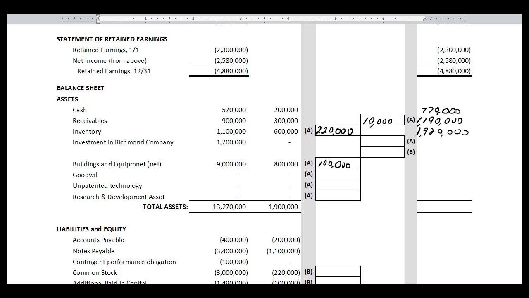$100,000 for buildings and equipment, which becomes $9,900,000. Goodwill. You saw how we arrived at goodwill, $190,000. Unpatented technology was $500,000.